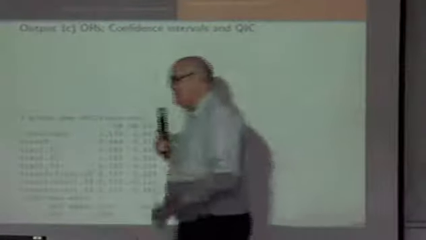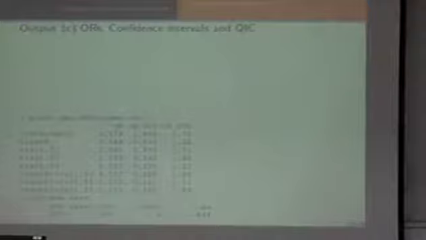Now, anyone notice something strange about the confidence intervals for the odds ratios there? And you're going to get this in both GLMMs and GEEs. These are odds ratios. Anything weird?